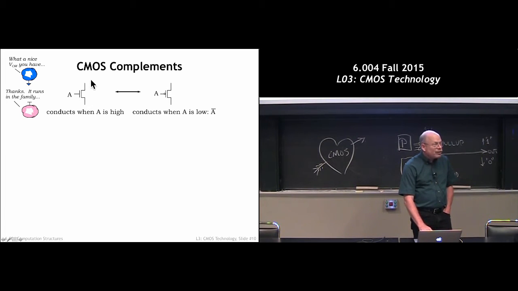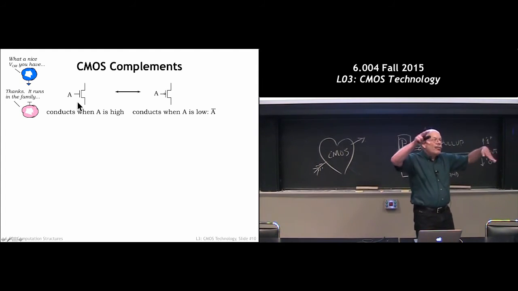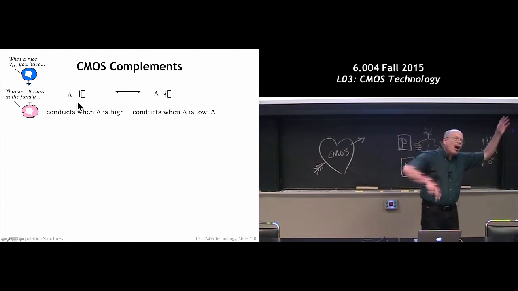We get a connection across the switch here. This one only conducts when A is low. In other words, if A is true, this one conducts and this one doesn't. And when A is false or 0 or a low voltage, this one conducts and that one doesn't. So when one conducts, the other isn't. That's what we mean by complements.